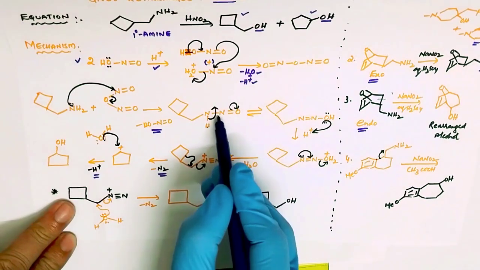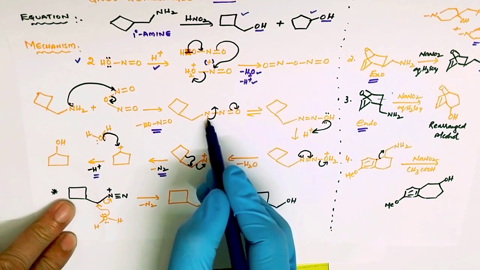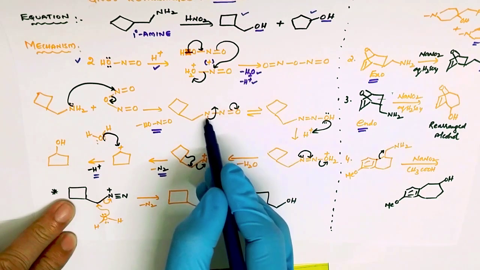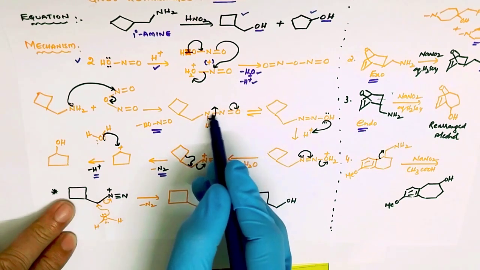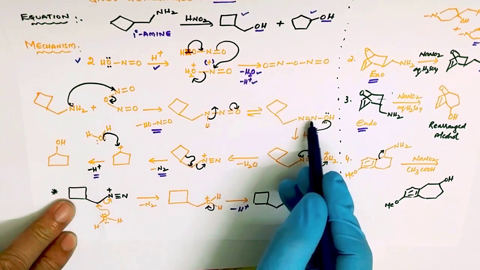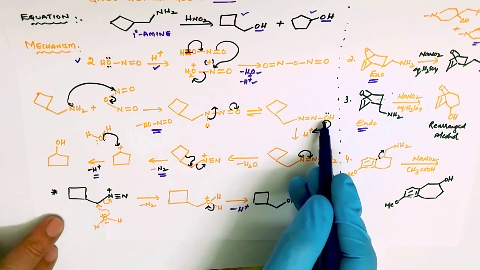Now N single bond and double bond O. Here transfer of hydrogen takes place from the nitrogen to oxygen. Thereby the N single bond N is converted into N double bond N, and NO double bond is converted into NO single bond.